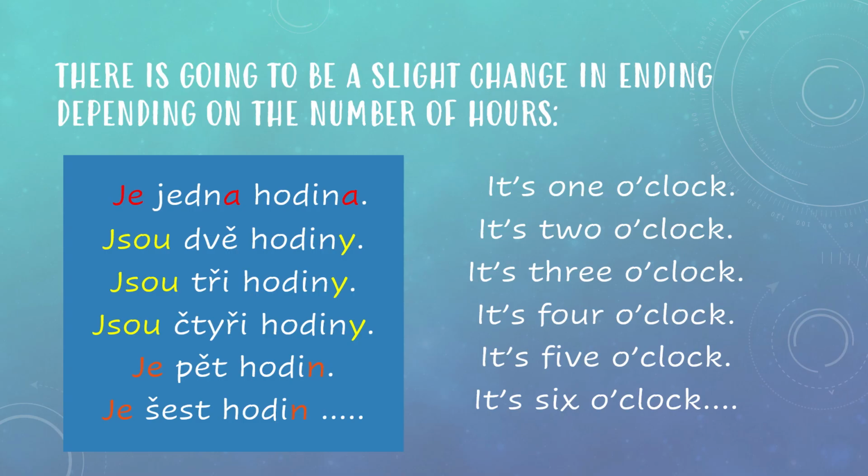It's 3 o'clock, jsou 3 hodiny. It's 4 o'clock, jsou 4 hodiny. And from the number 5 and above, the structure is always the same. Je 5 hodin. It's 6 o'clock, je 6 hodin. And so on.